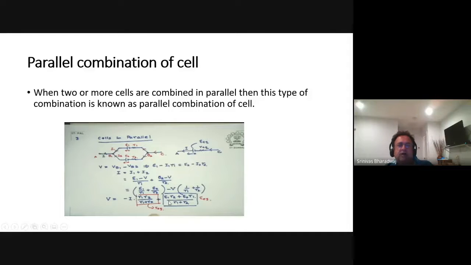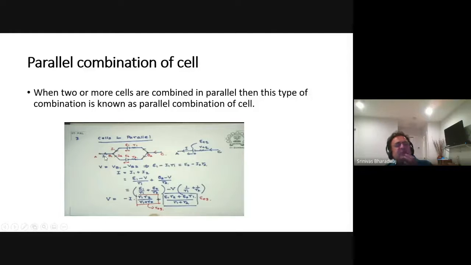The EEQ is this one, a much more complicated term. So how do you arrive at this term? You write the I coming in equals I going out, right? Whatever current is coming in is going to go out. And so that is I1 plus I2, and that is equal to (E1 minus V) by R1 plus (E2 minus V) by R2, right?